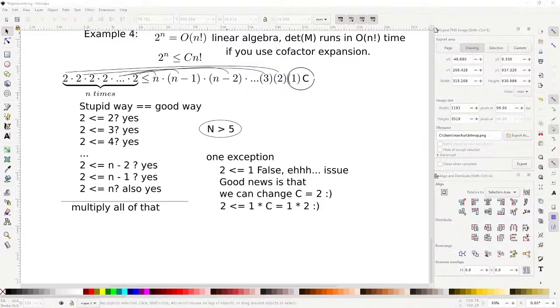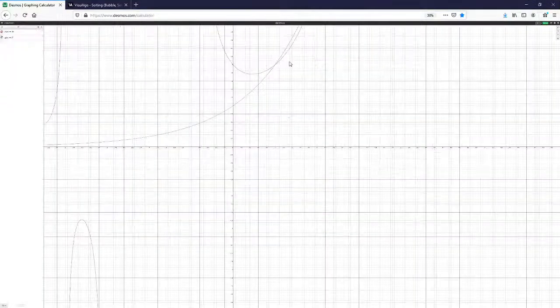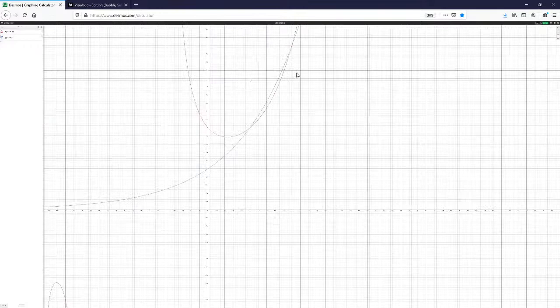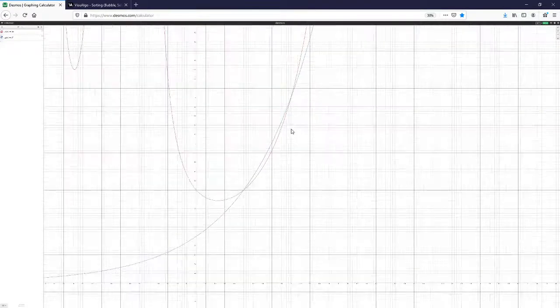Is it true? Let's look at it. Let's see, 2n factorial. Huh, it actually graphed it. And then, let's see, 2 to the n. Let's see what happens. I think instead of doing, yeah.